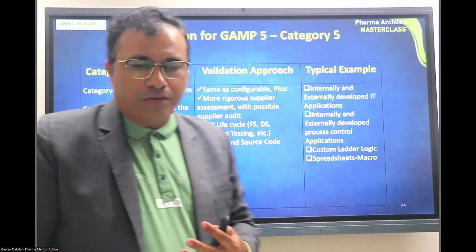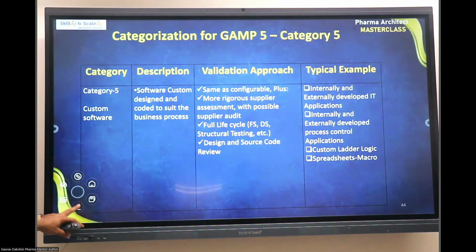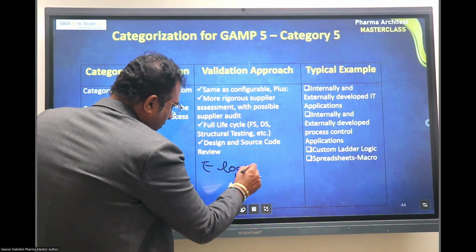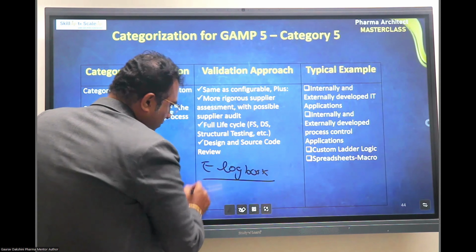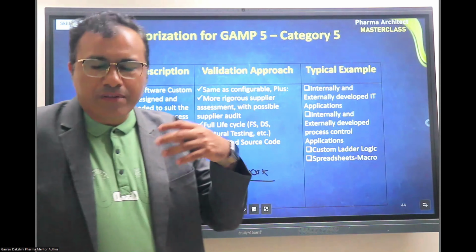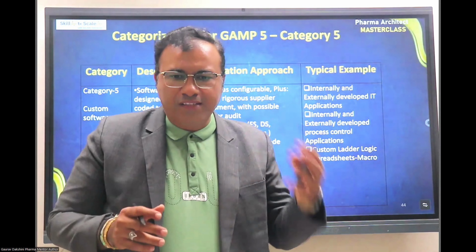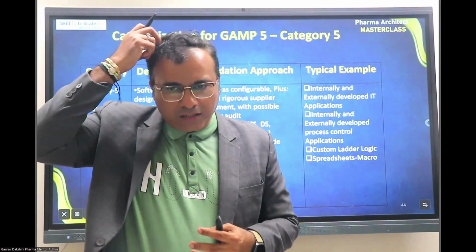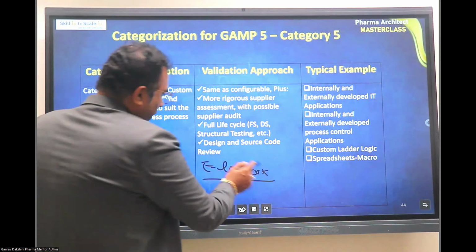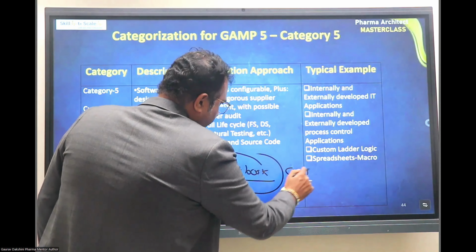Let's say we talk about an e-logbook. Let's say you are taking the e-logbook from, say, Barcode India or maybe some other company. We used to use BCI, and then there was some other company that we used to use. But there are a lot of e-logbook systems now which are customized software.